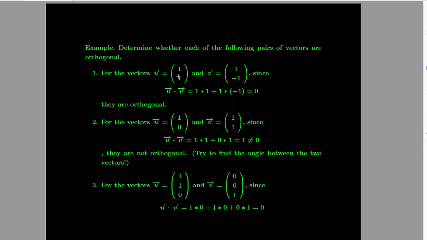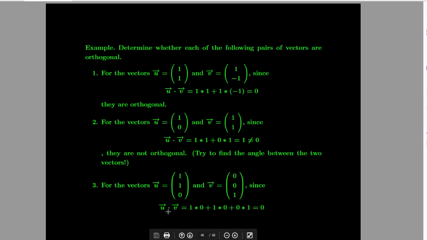Actually, you can sketch the two vectors to see. Geometrically, you can draw the two vectors to convince yourself whether they are indeed perpendicular. The third case shows two vectors in R3.